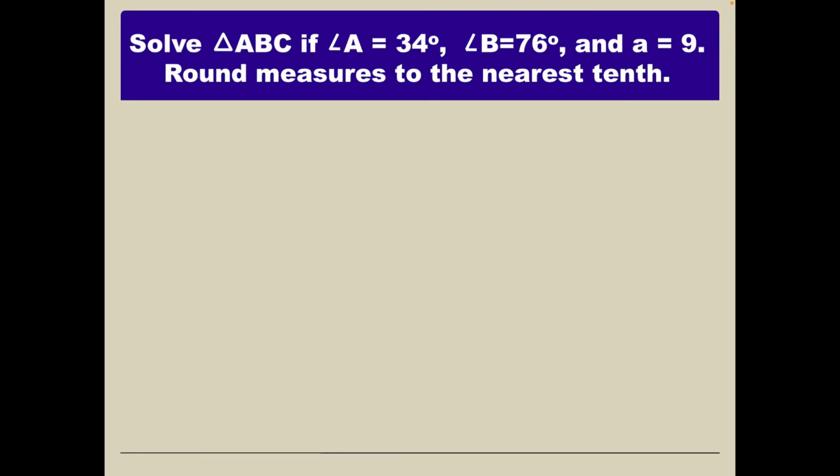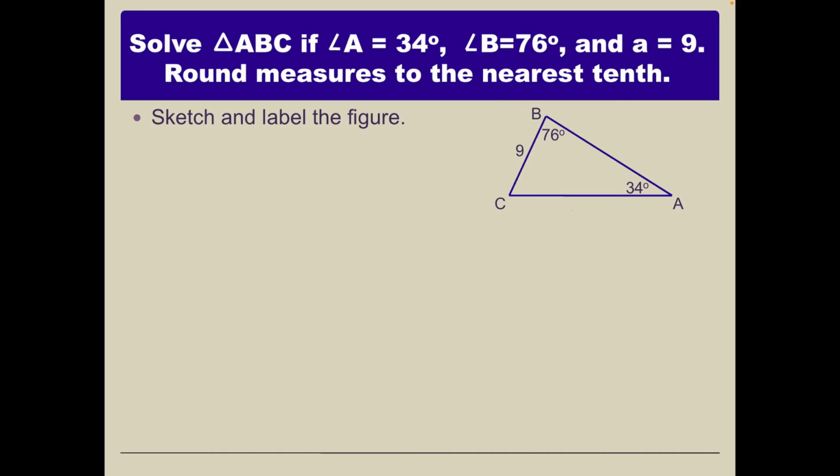So we're going to draw a triangle, start with angle A and try to make it close to 34 degrees, and then draw angle B, and just try to make it close to 76 degrees, and then you can label side a as 9, which is going to be opposite angle A. So there's a triangle. Looks like this bottom right would be a good one for angle A. And then we name our other ones.